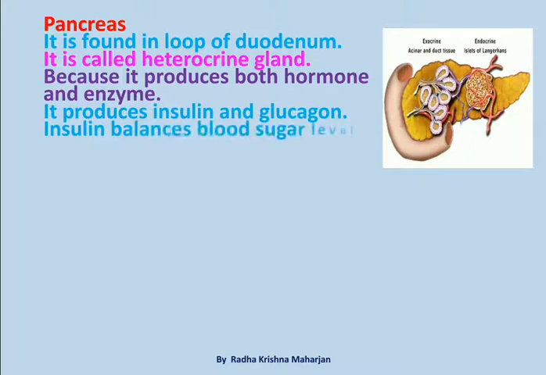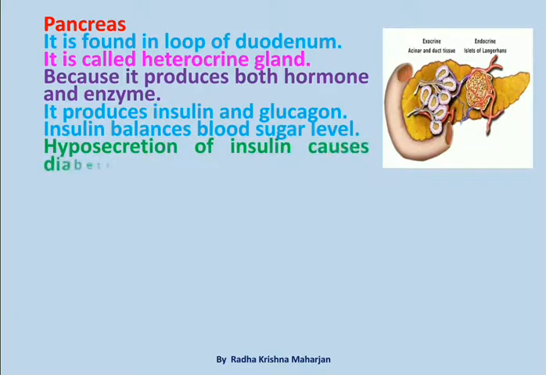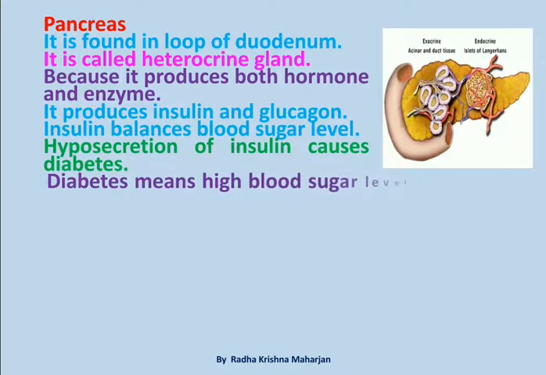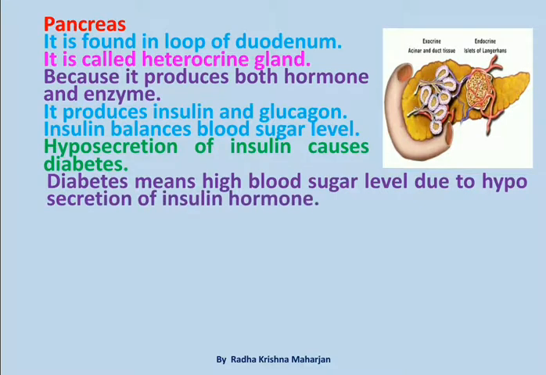Insulin balances blood sugar level. Hyposecretion of insulin causes diabetes. Diabetes means high blood sugar level due to hyposecretion of insulin hormone.